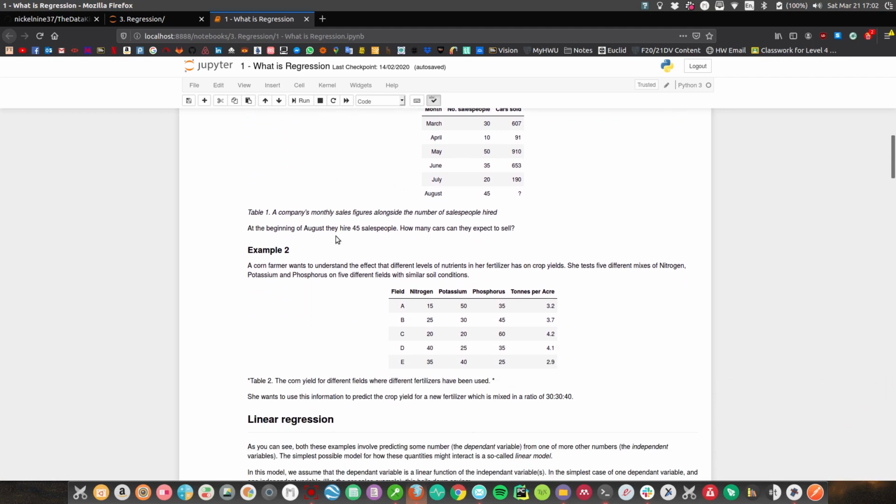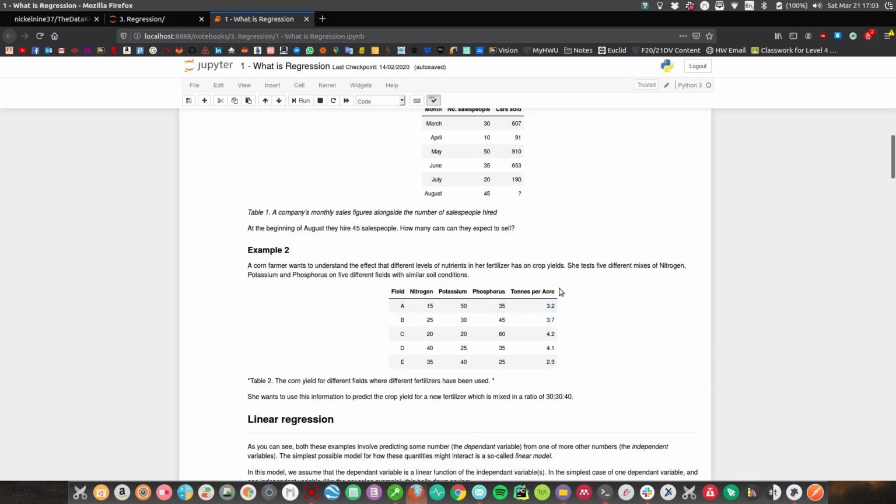Another example, slightly more complicated, is a corn farmer who wants to understand the effect that different levels of nutrients in her fertilizer have on her crop yields. So she sets up an experiment where she separates out 5 different fields and puts in 5 different ratios of these base nutrients, nitrogen, potassium and phosphorus, in her fertilizer.